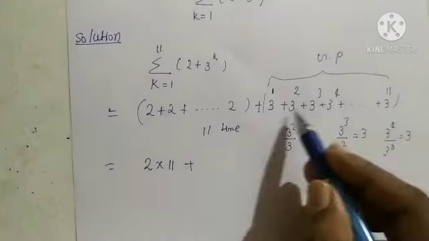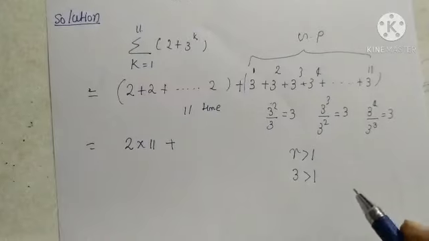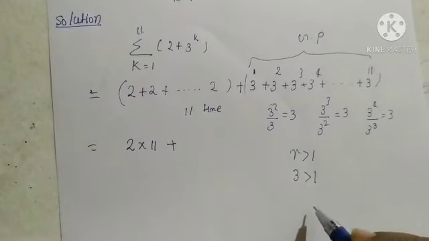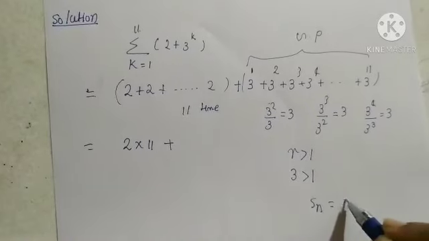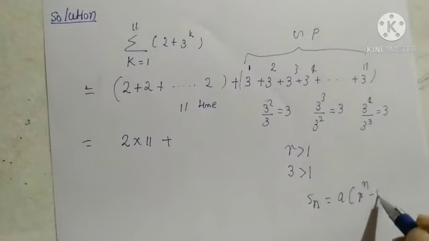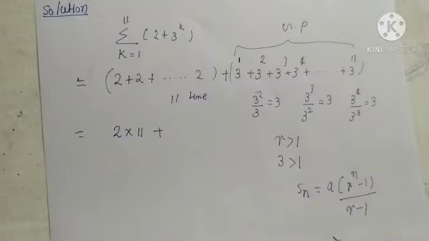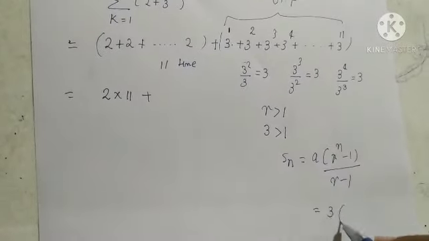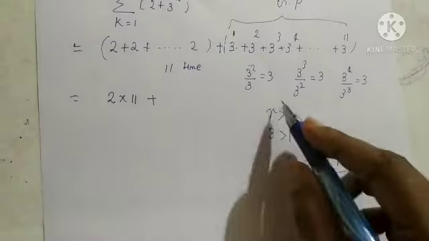So here I am using the formula for the sum of a GP for r greater than 1, which is a into r raised to n minus 1 divided by r minus 1. The value of a is 3 here, and the value of r, the common ratio, is 3.